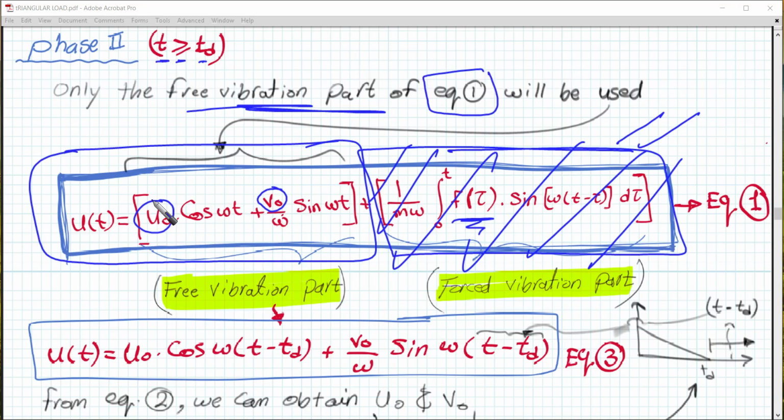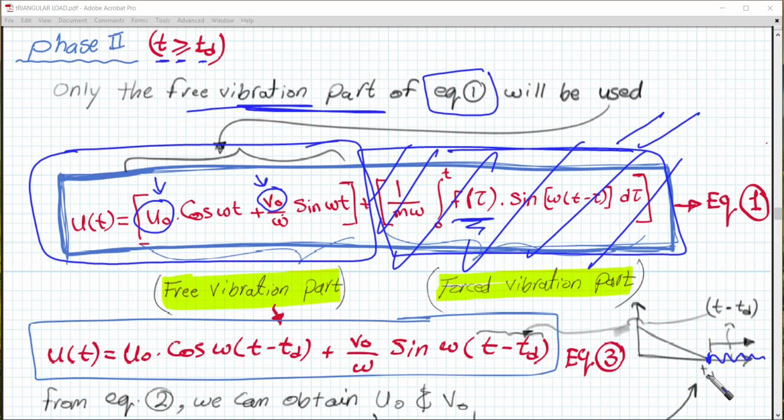Now, for the free vibration part, we need to think about the initial conditions. Even though the system started at rest, as we assumed in the beginning, the start of this free vibration part is from here, which is the end of the forced vibration. The question is, does this mean the at rest condition for the free vibration part?